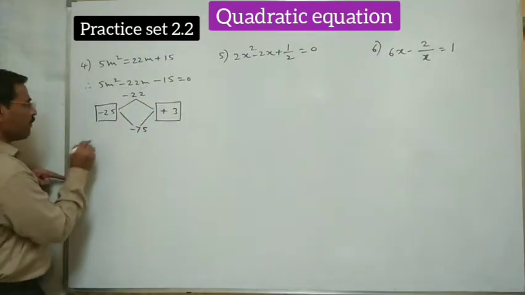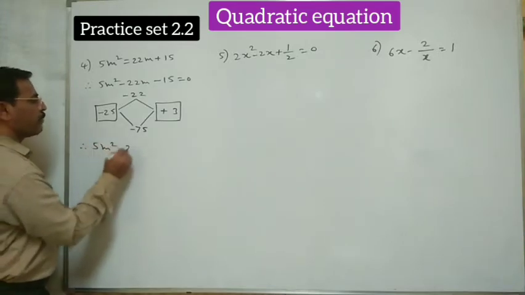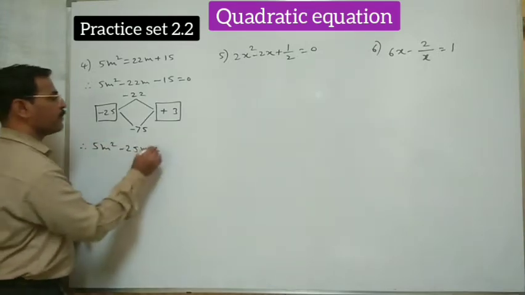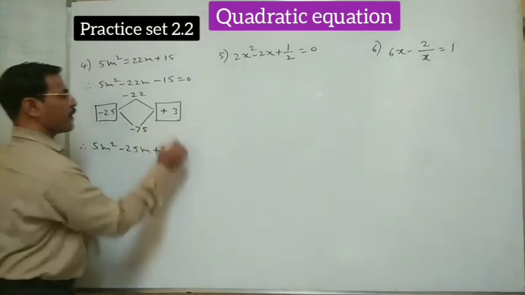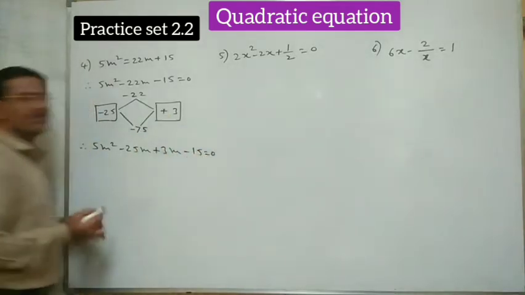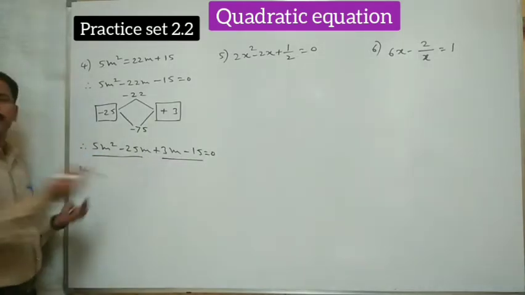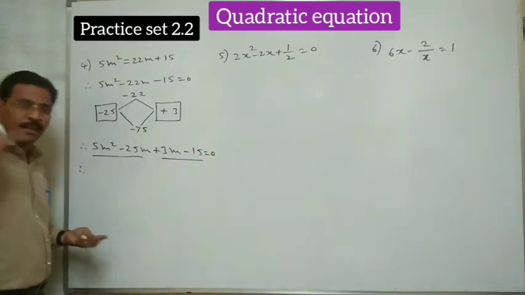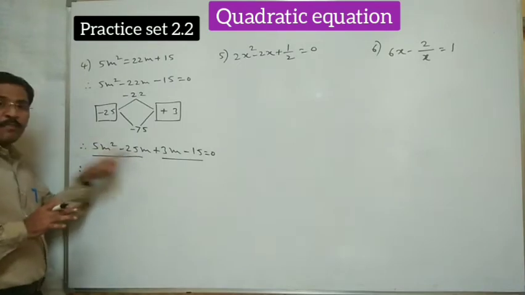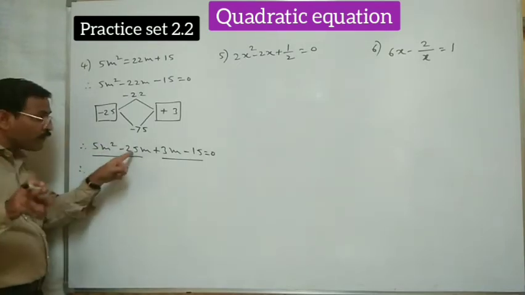Now look here: 5m square minus 25m plus 3m minus 15 equal to 0, like this. Now very similarly, from these two and these two, take common whichever is applicable. 5 and 25, we can take 5 common because 5 fives are 25.